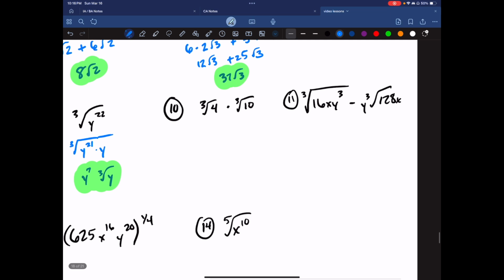On number 10, let's see. When you multiply radicals, you just multiply the insides together. So this is going to be the cube root of 40. Okay. But even though it's a cube root, we can still see if we can simplify. And so instead of looking for a perfect square, we're looking for a perfect cube. Well, I can rewrite 40 as 8 times 5. And I do that because 8 is a perfect cube. 2 cubed is 8.